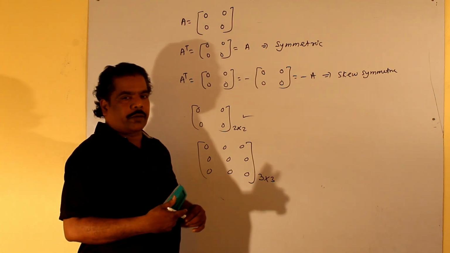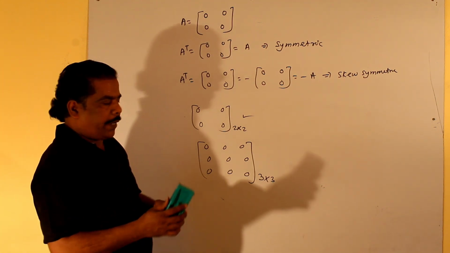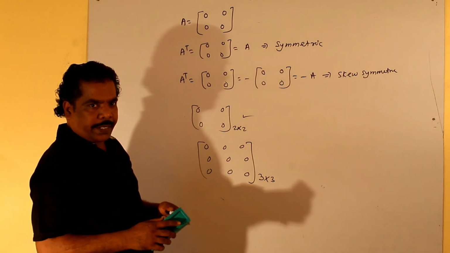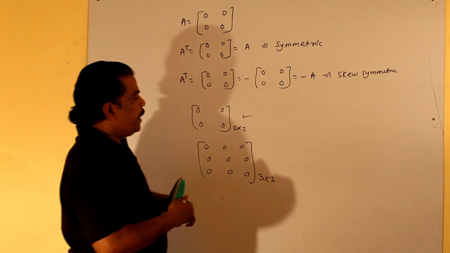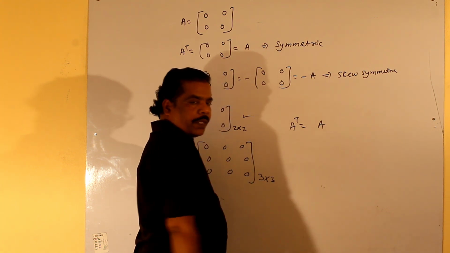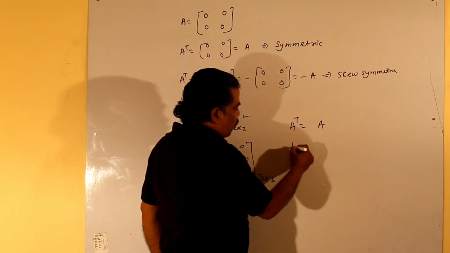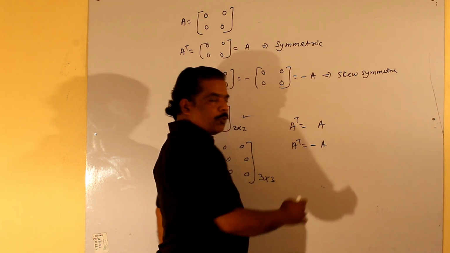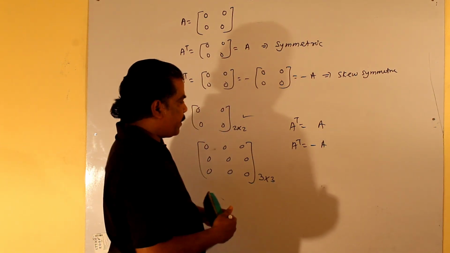Now, how could you determine whether a matrix is symmetric or skew symmetric? If A transpose is equal to A, then we say it is symmetric. If A transpose is equal to minus A, then we say it is skew symmetric.